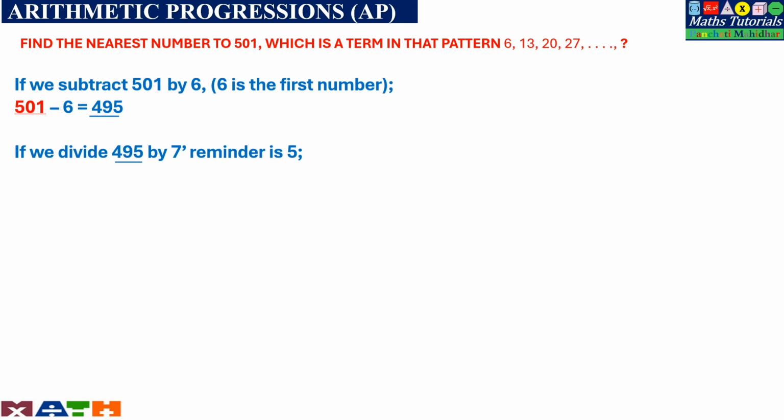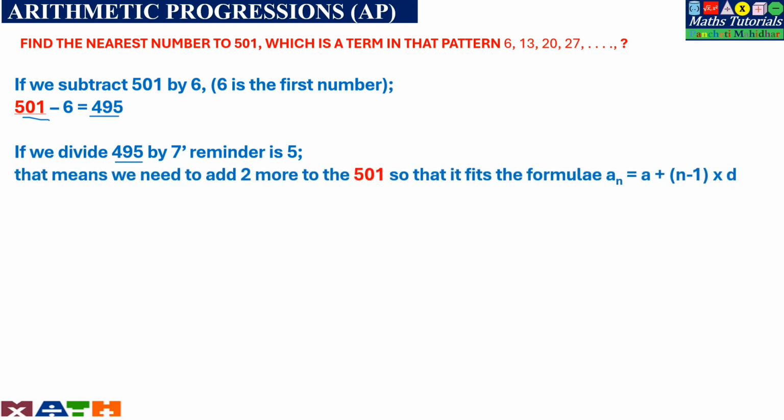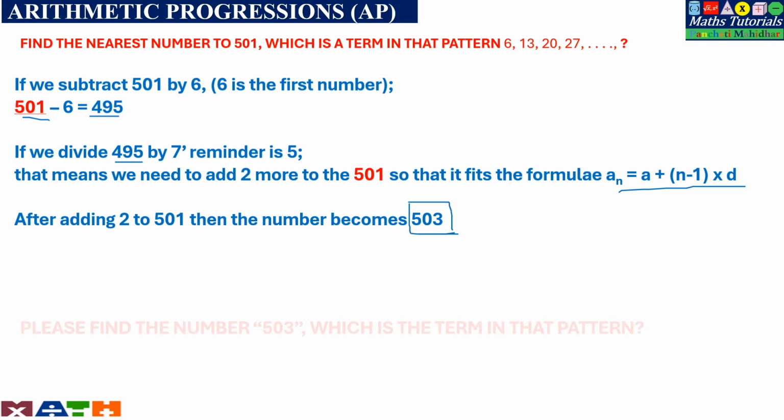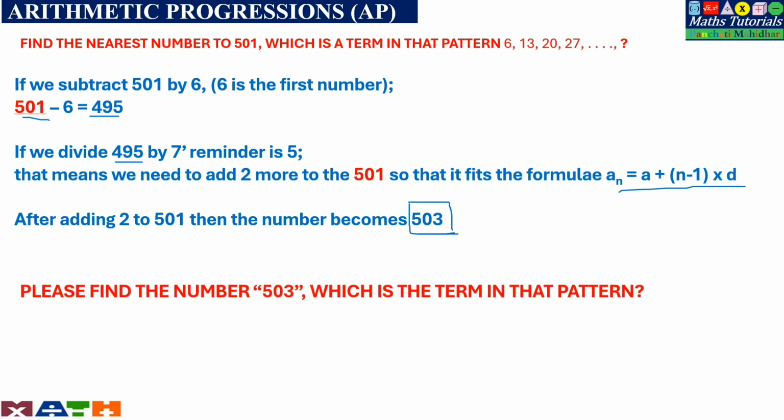That means we need to add 2 to 501 so that it fits the formula An is equal to A plus n minus 1 into D. After adding 2 to 501, the number becomes 503. This is the nearest number to 501. Now find which term 503 is in that pattern.